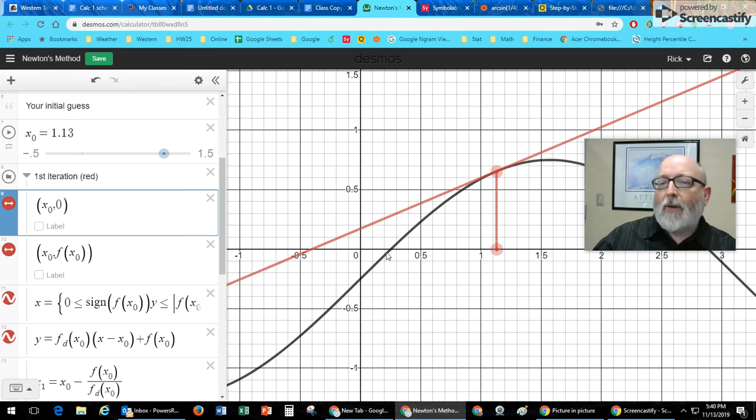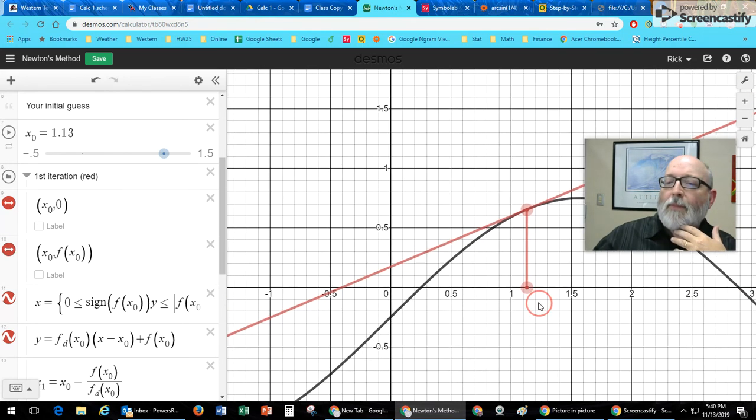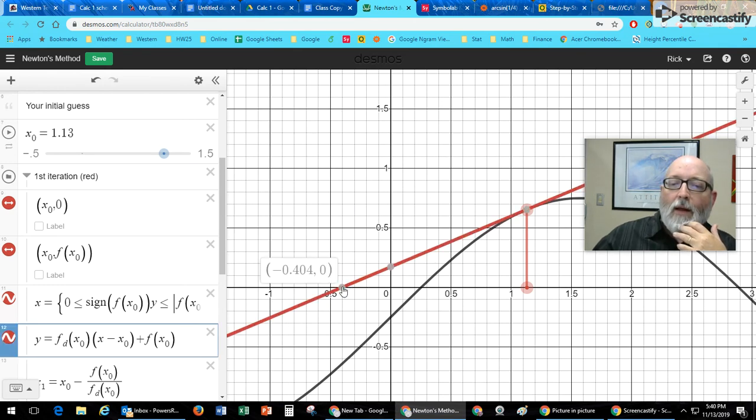Now that's way far away, but just to illustrate how this works. It's right here, and it comes up here, and then I figure the tangent line from there, and I find out that it hits down here at negative 0.404. Well, I'm far away from where I want to be.